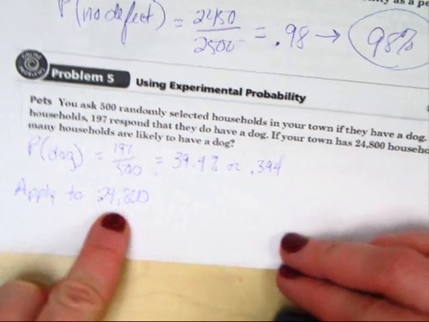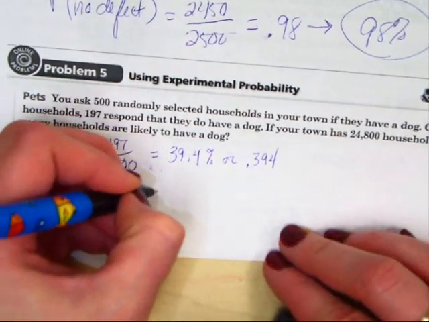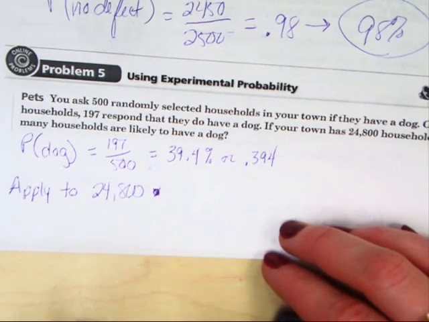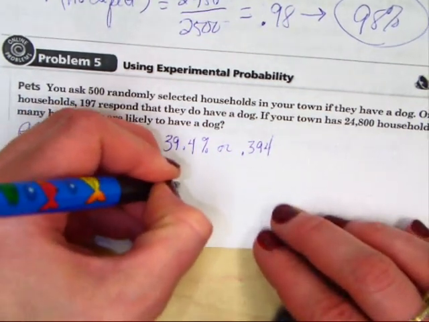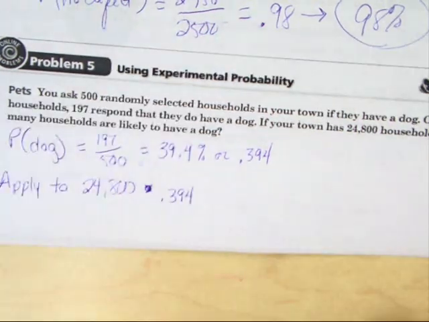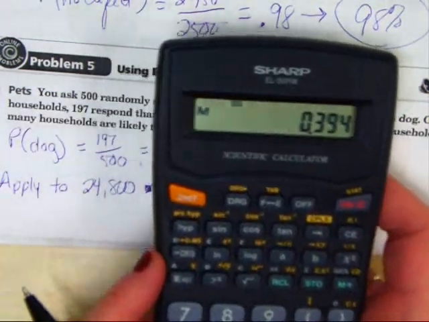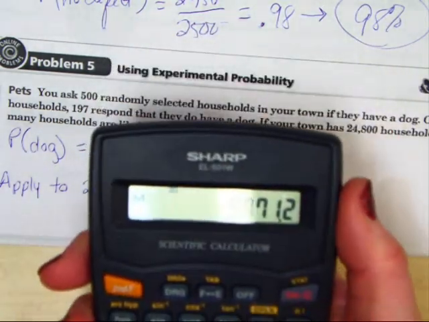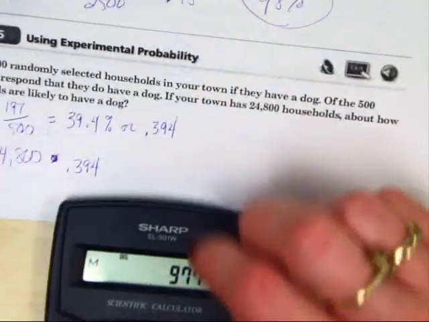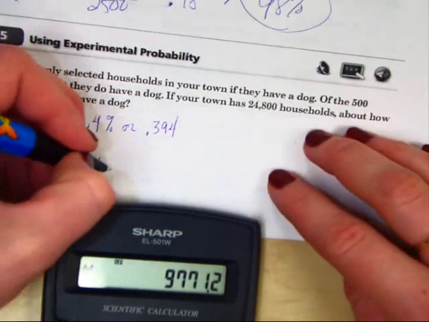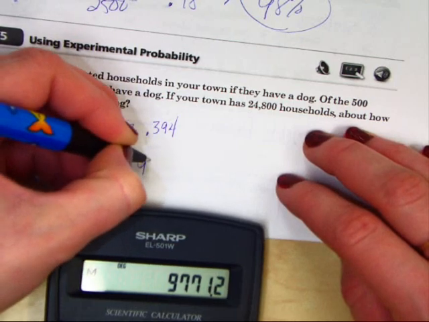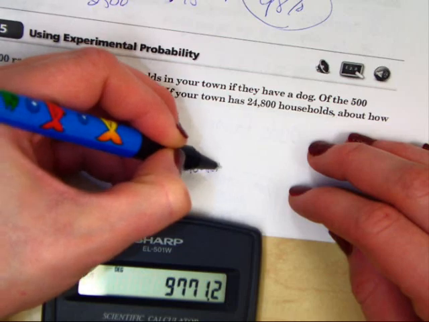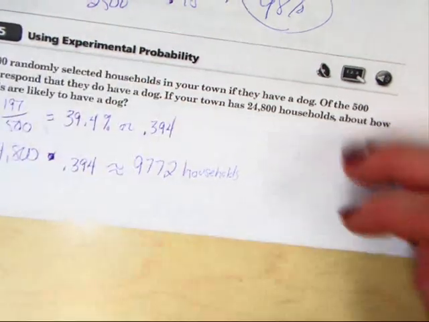So of those 24,800, if we simply multiply that, I'll use a big dot instead, by the percent or the decimal that we got, 0.394, so times 24,800, we get approximately that many households, and we'll round because you can't have 0.2 of a household. We'll say 9,771 households have a dog.